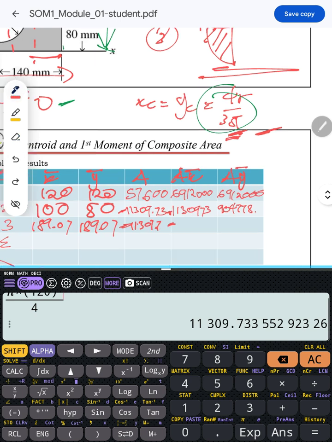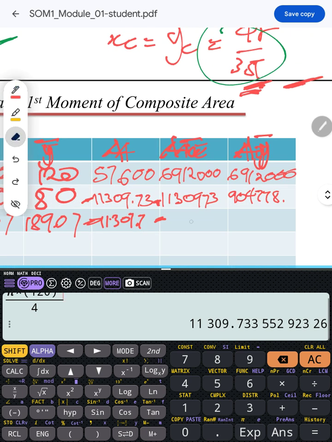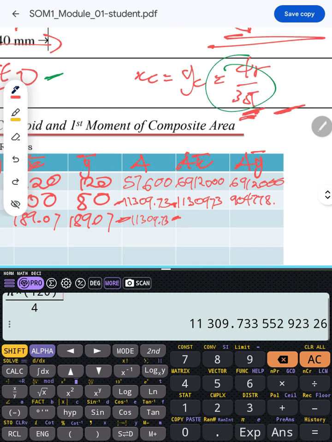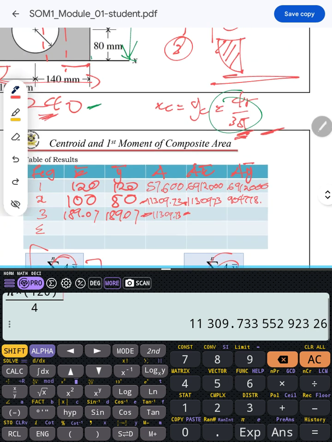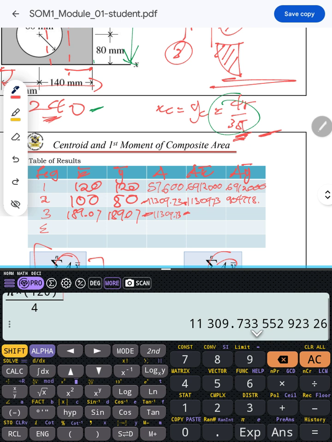I'll see what's actually happening. 1130.973, right? Negative, but here too is negative, right? So what are we doing here now? We are now trying to find the area, right?